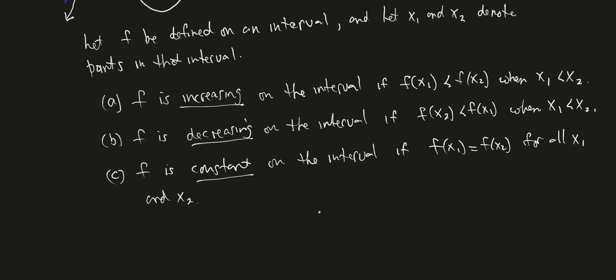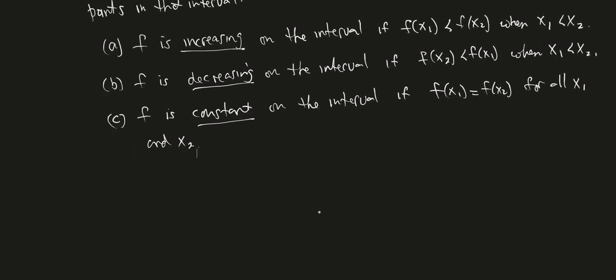So let's sketch another thing, but now I'm going to use three separate graphs. I'm going to sketch one that will illustrate increasing, one that will illustrate decreasing, and one that will illustrate constant. So increasing could be visualized this way, right? Let me now put an x-axis. So here's my x1.